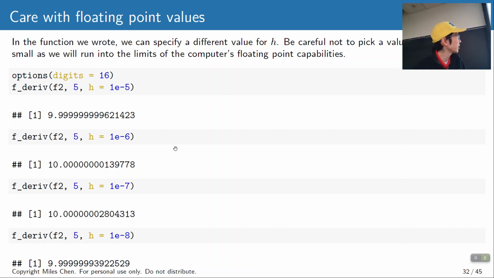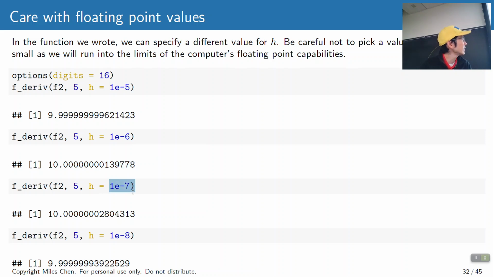I wanted to show you how our accuracy actually gets thrown off by using smaller and smaller h's. If I use 10 to the minus 5, I've got 9.9999999, 6. So in the last 6 digits, I'm off by around 38.8. Then when I add 10 to the minus 6, my amount of error is less, 139 in the last 6 digits.